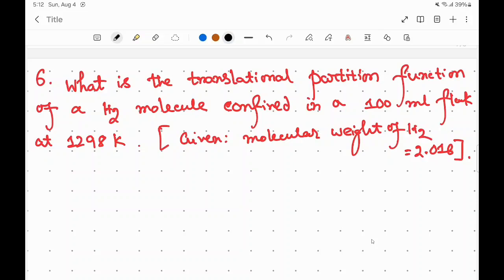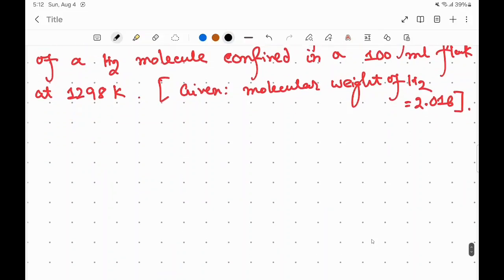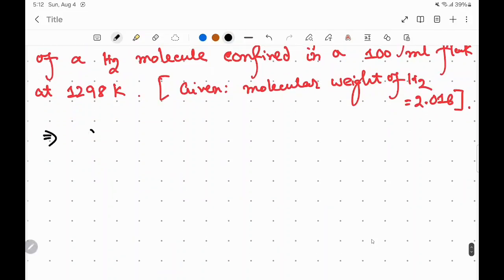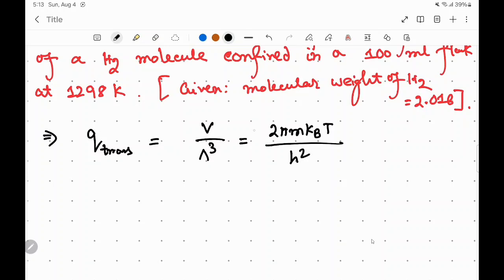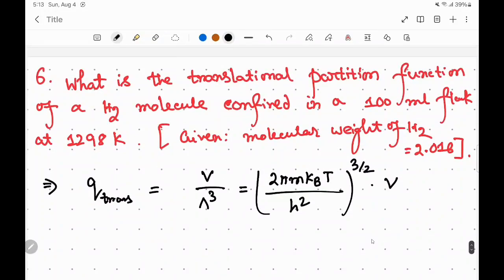Please write down the formula so that I can cross check. Okay, so for Q trans or Qt, whatever you want to write, what is the formula? V by lambda cube, or explicitly you can write it as V times 2 pi m kBT divided by h square to the power 3 by 2. It's a totally formula based question.